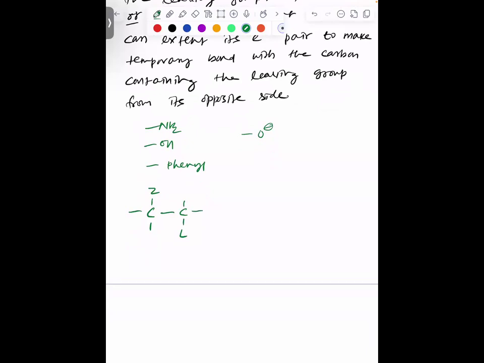Z extends the electron density to this carbon, which helps in dissociating the bond. So this plus L minus, this is the first step.